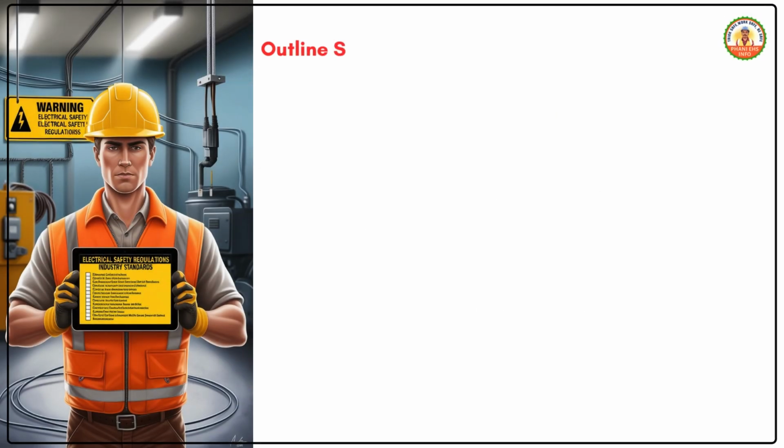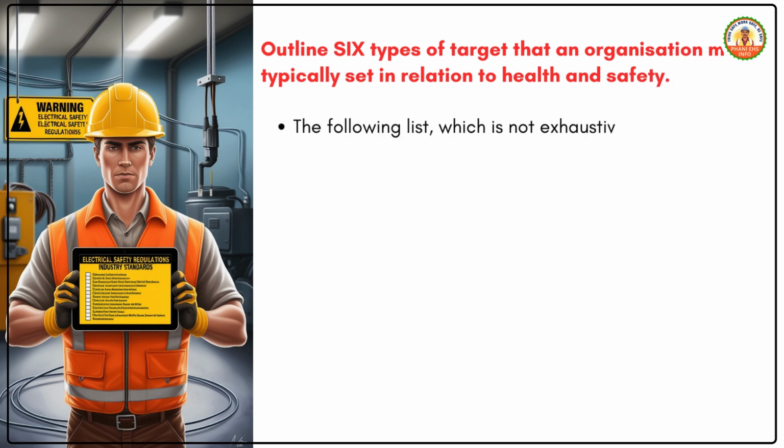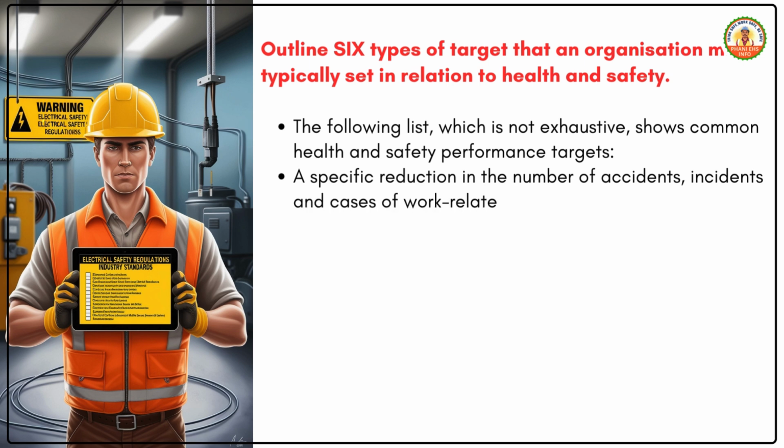Outline 6 types of target that an organization might typically set in relation to health and safety. The following list, which is not exhaustive, shows common health and safety performance targets. A specific reduction in the number of accidents, incidents, and cases of work-related ill health, perhaps to 0. A reduction in the level of sickness absence.